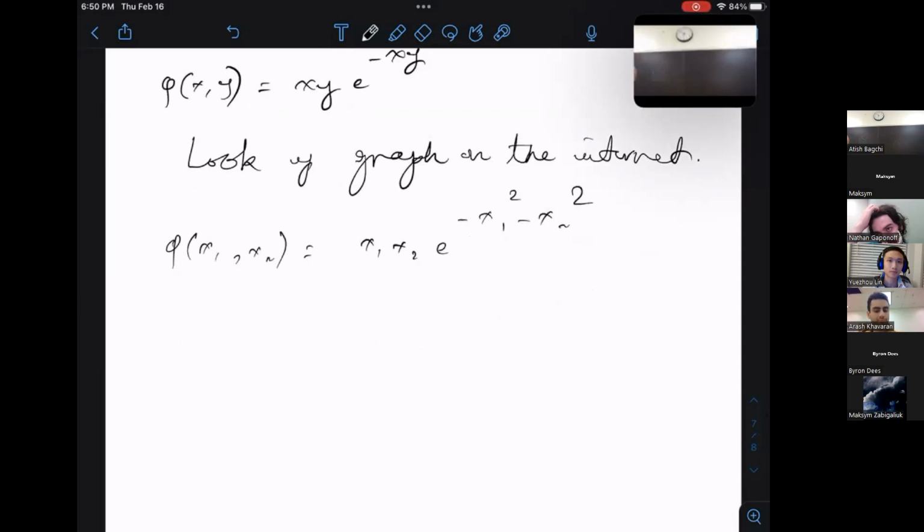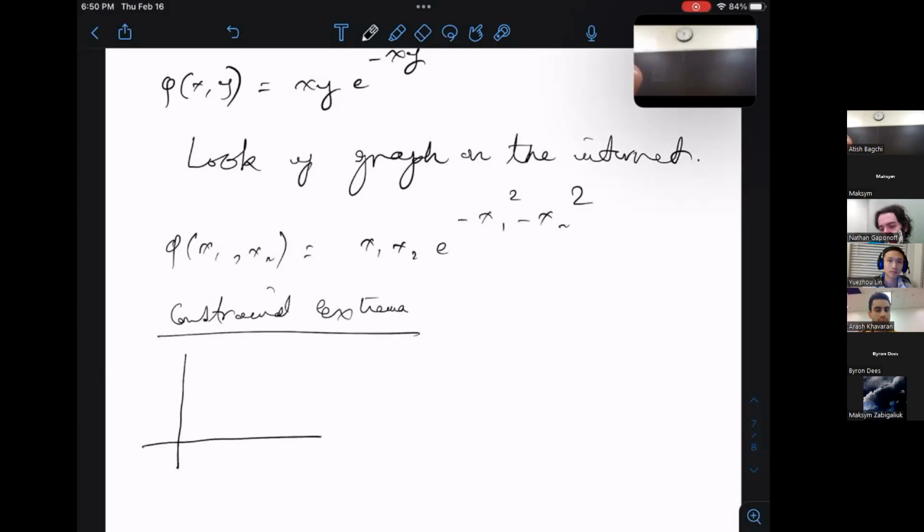Constrained extrema: you have a function and you have a constraint. So it is good to look at an example. Suppose you have an experiment of this kind. These are the axes.